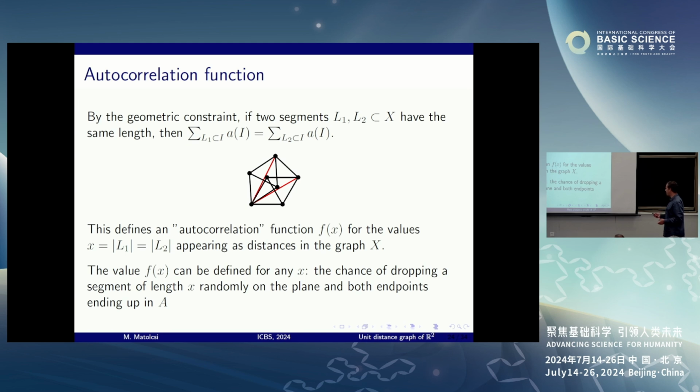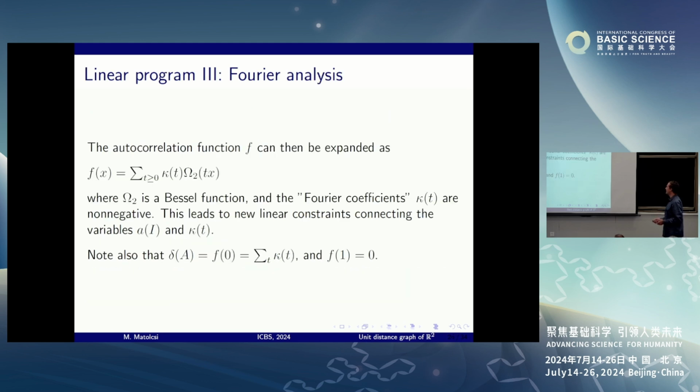And it has a very nice property by Fourier analysis, which I'm not going to explain in detail. But the point is that the autocorrelation function is positive definite, which means that when you expand it in Fourier terms, the coefficients will be non-negative.